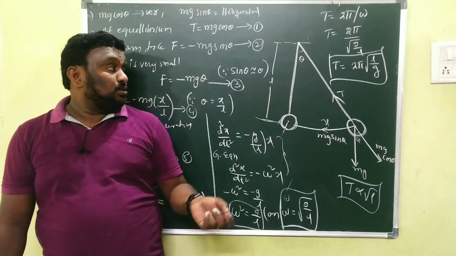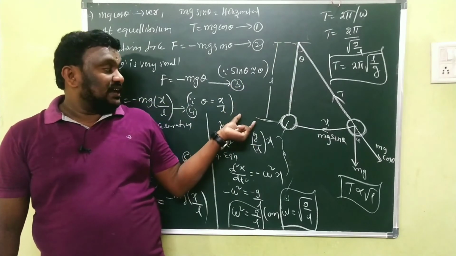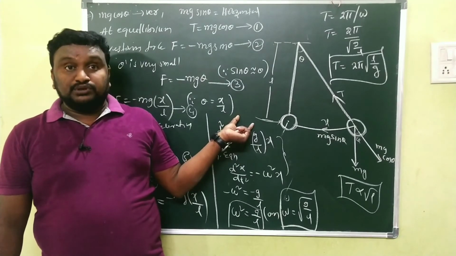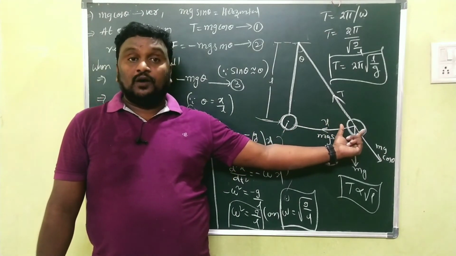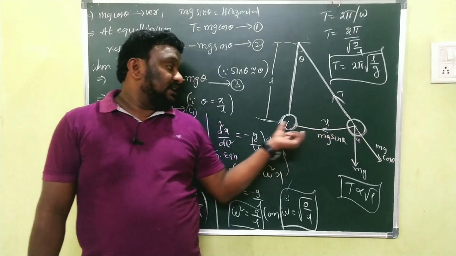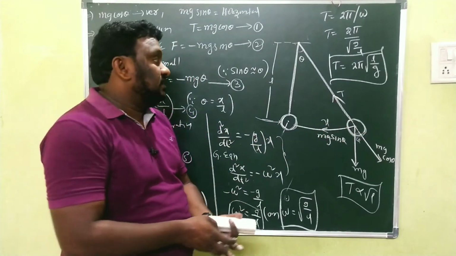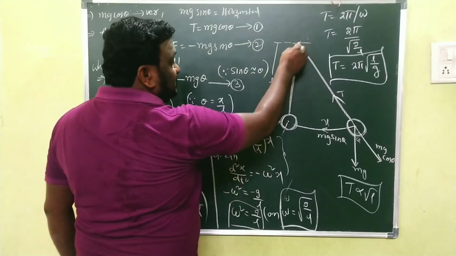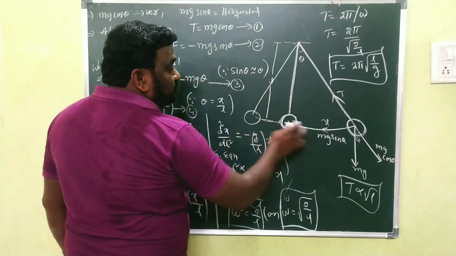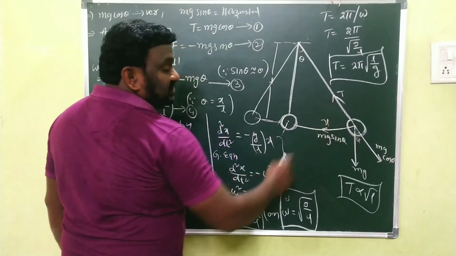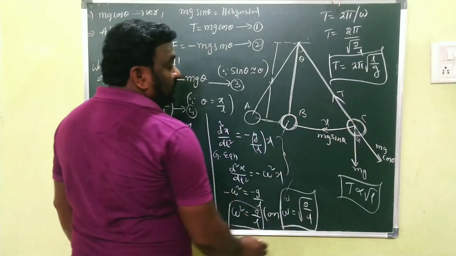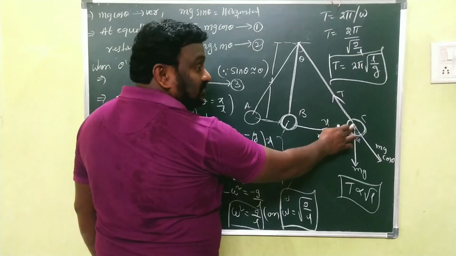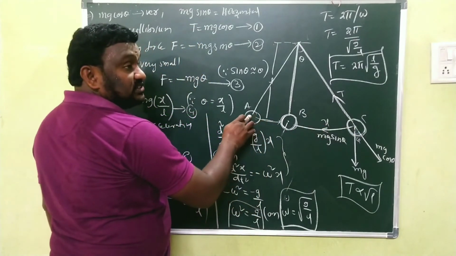Just now what I told you, for example, here we will take another position, the extreme position. From here to here is one half of the oscillation, and here to here is one oscillation. These two are the extreme positions. I am saying now A, B, C. A to C is half oscillation completed. C to A is half oscillation completed.